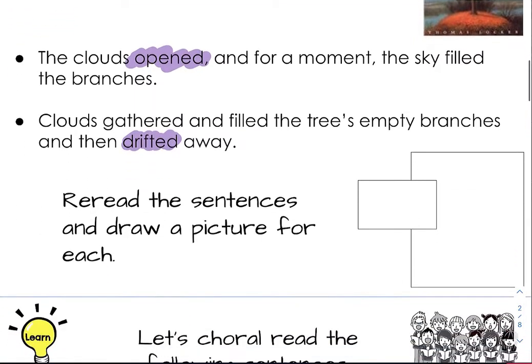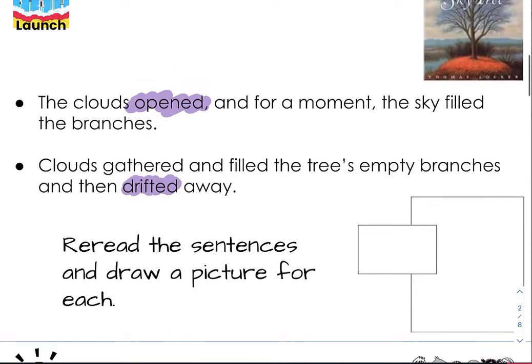Now, we will reread the sentences. You're going to draw a picture for each sentence. There's two sentences, so draw two pictures. So again, the first one, "The clouds opened, and for a moment the sky filled the branches." What do you picture in your head when we read that sentence? Draw it on your piece of paper.